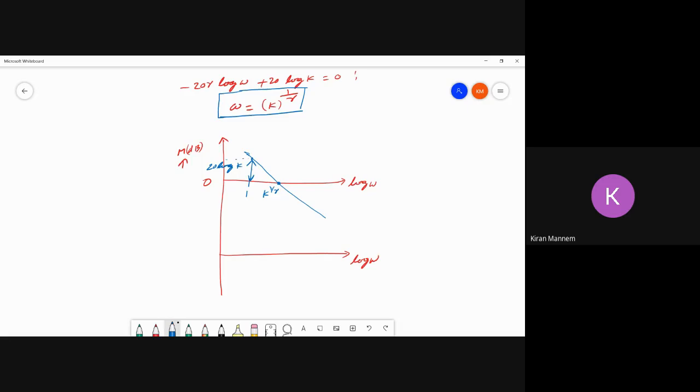This is your line with minus 20 into r dB per decade.